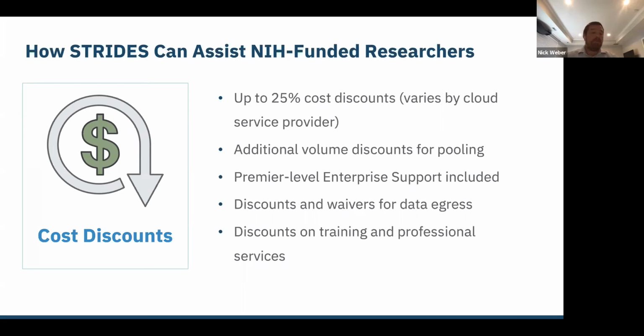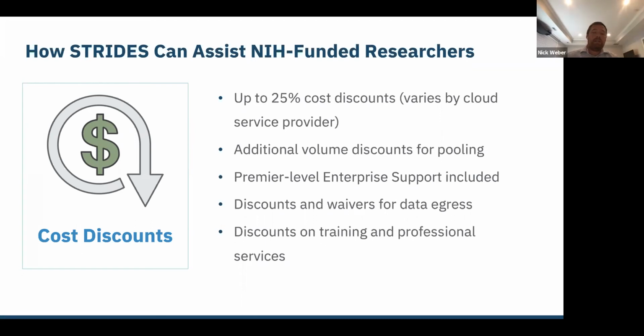That's very helpful. We have access to premier level enterprise support, which doesn't need to be a separate cost to a research institution or a researcher. I'll talk a little bit more about that, but that's another cost savings. There are discounts and waivers where it's written off entirely for data egress, transferring data out of the cloud, like downloading it. And there are also discounts available for training and for professional services that I'll talk through some examples of.